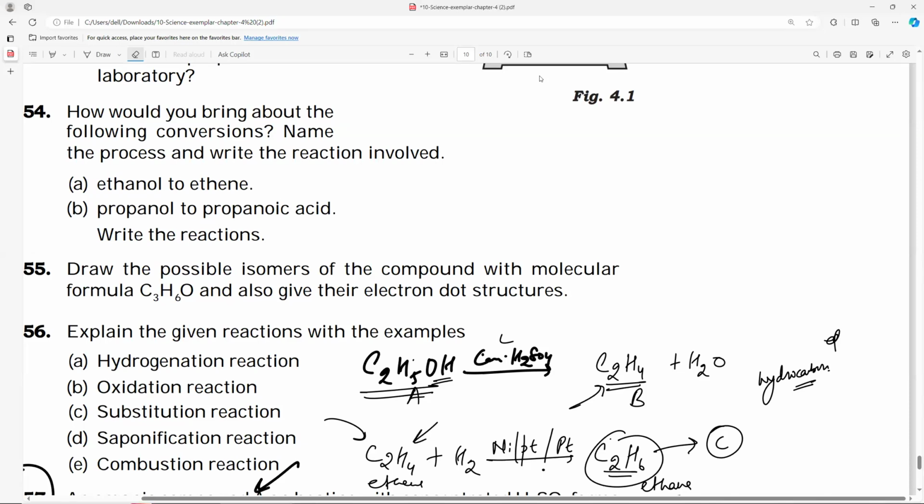Is there anyone who can tell me what should be the answer for question number 55? This is an important question. It was asked in your examinations also.